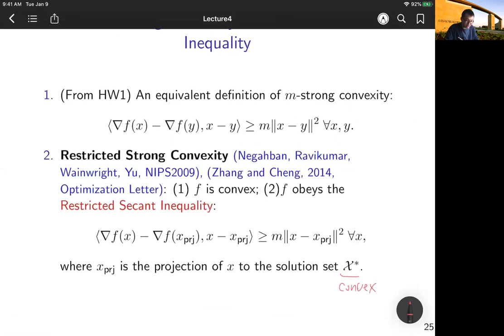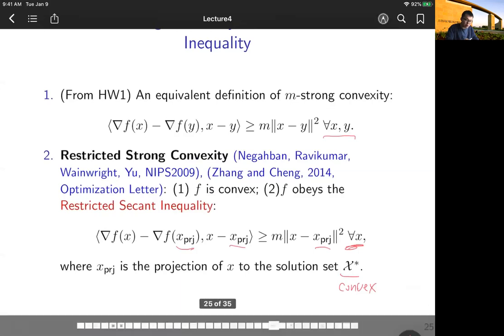But for now, let's look at the analogy between these two equations. The first one is for all x, y, but the second one is for all x, with y taken to be a specific thing, the projection of this x onto the optimal solution set. When the optimal solution is unique, you can replace this projection of x simply with x star.